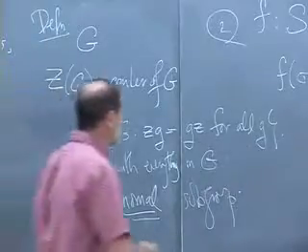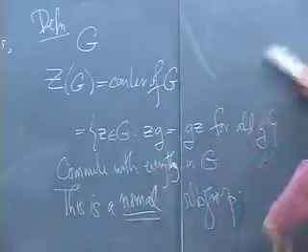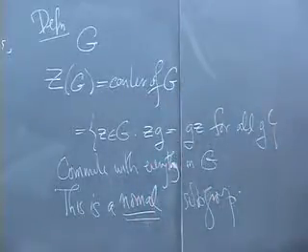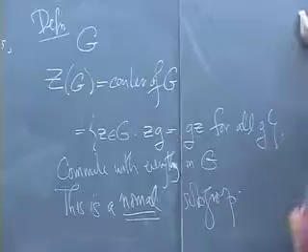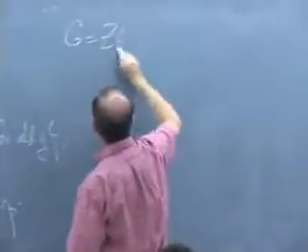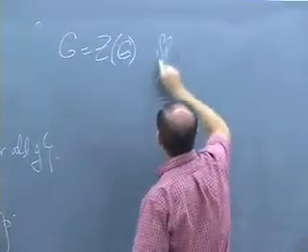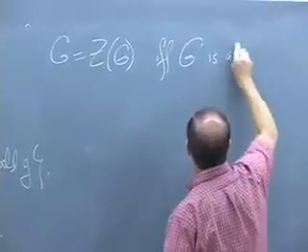For example, if G is abelian, what's the center? If G is abelian, the center is everything. Abelian means the group elements always commute. So G is equal to Z(G) if and only if G is abelian.